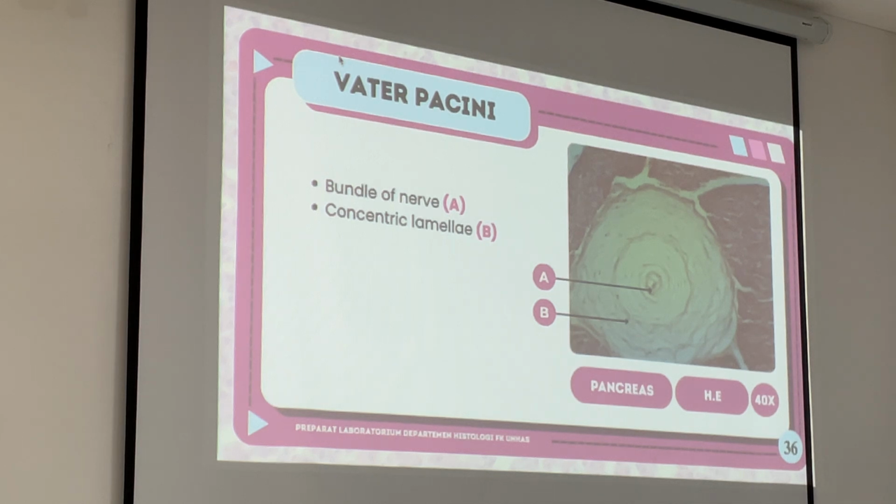When you touch something harsh or something touches you really deep, like punching, that will trigger the Vater-Pacini to make kinetic energy and transfer it into electricity at the nerve bundle here and then to your brain. That's why you know that someone punched you or something dull hit you. Okay?